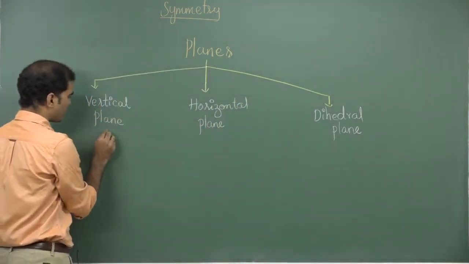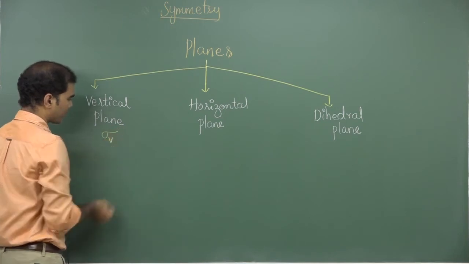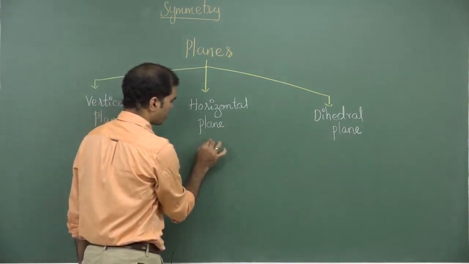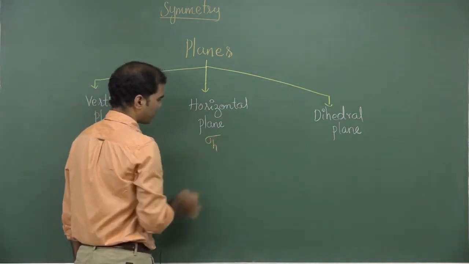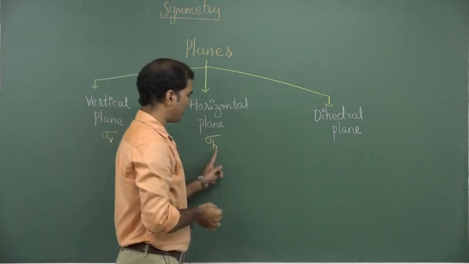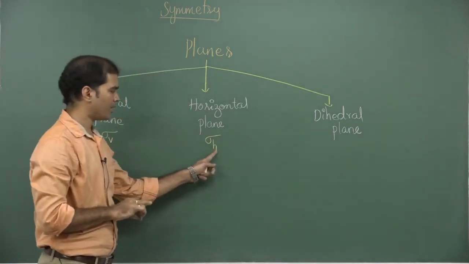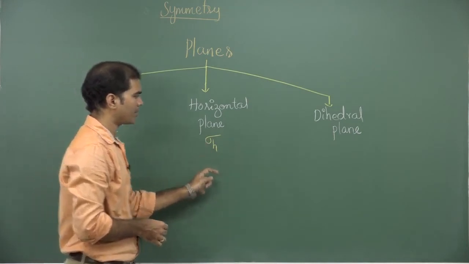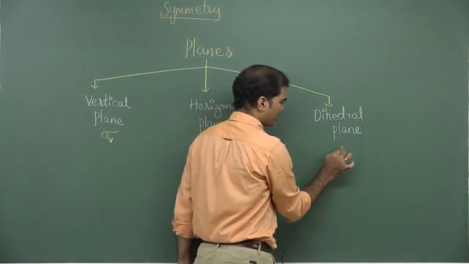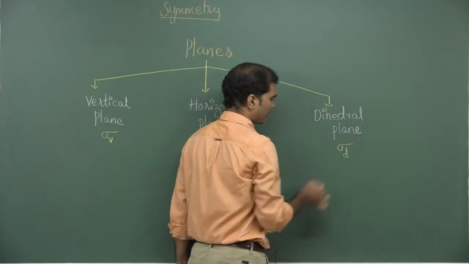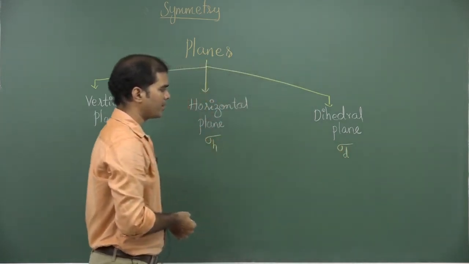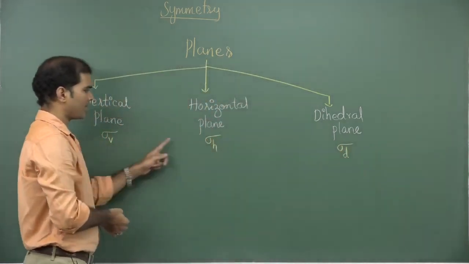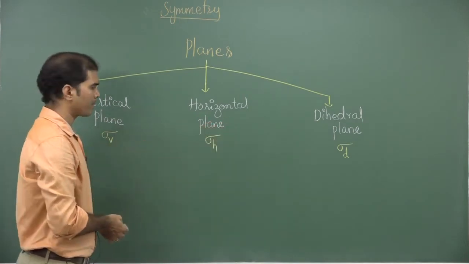Vertical plane is represented by sigma v. Horizontal plane is represented by sigma h. Sigma and a lowercase letter, small v, small h, should be like a subscript. Dihedral plane is represented by sigma d, small d, as a subscript. This is how we show sigma v, sigma h and sigma d.